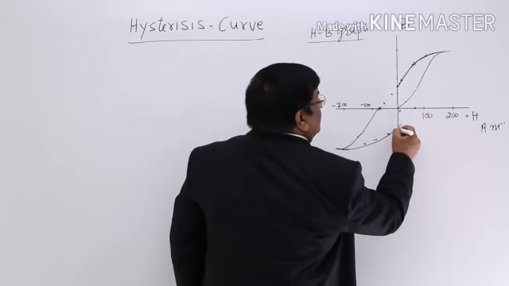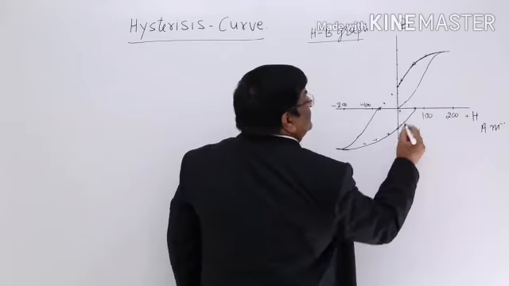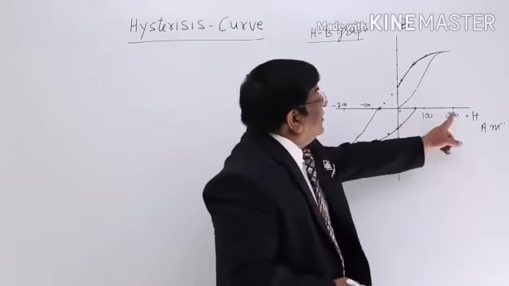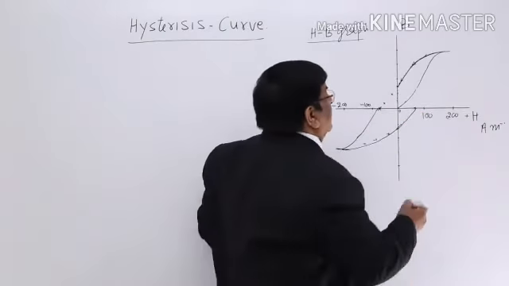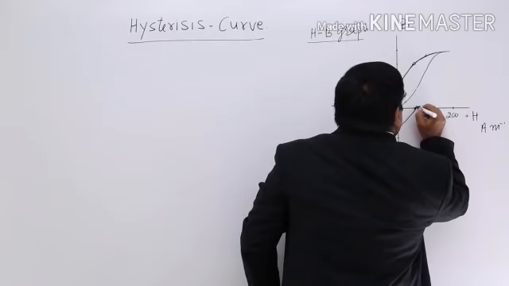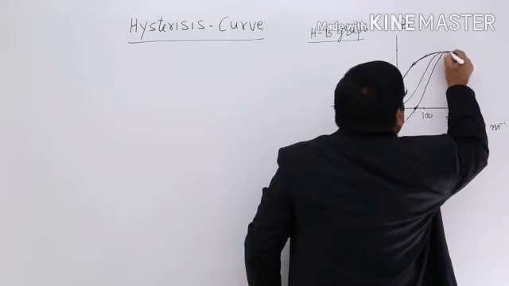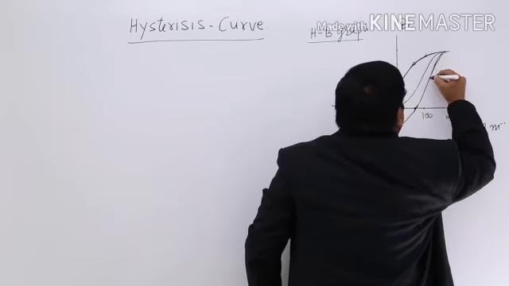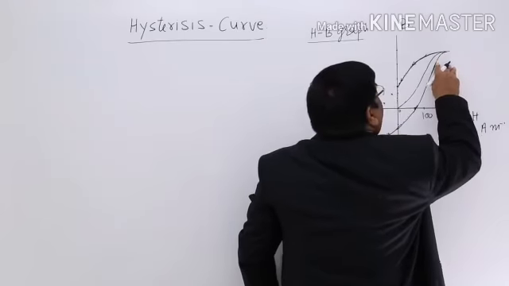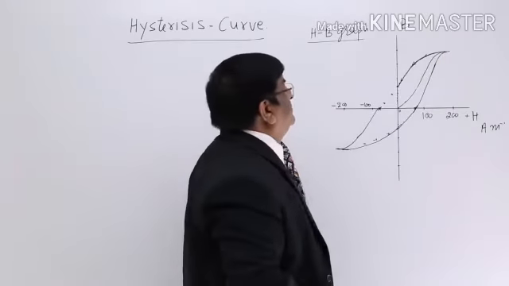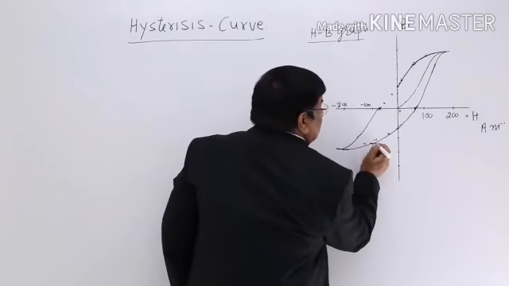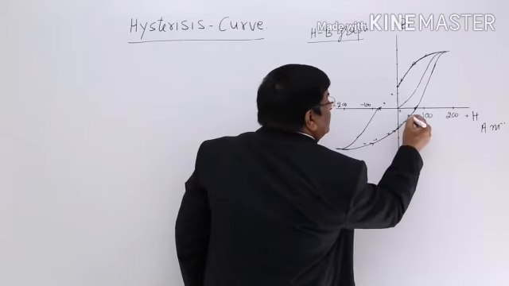So the graph goes like this. Now we keep on increasing H in the positive direction and B goes on developing in the positive direction. This way. So this is the path of this graph.